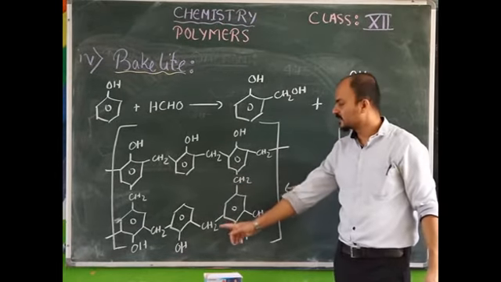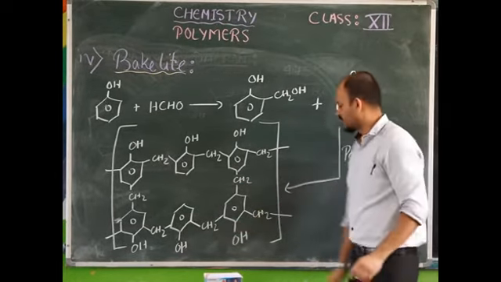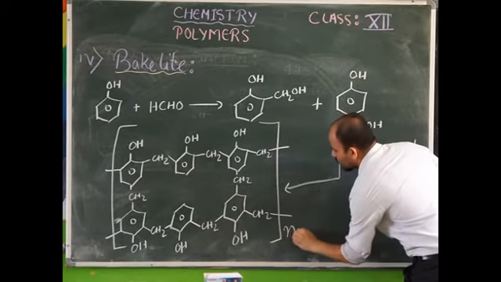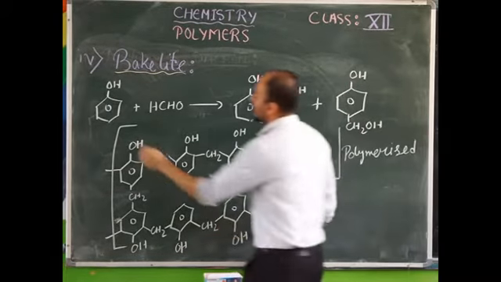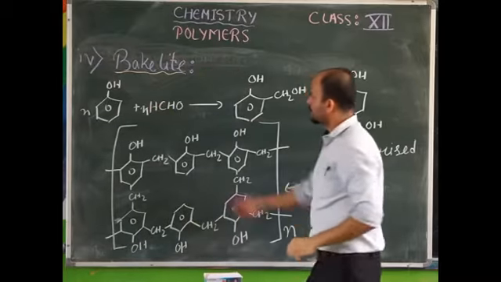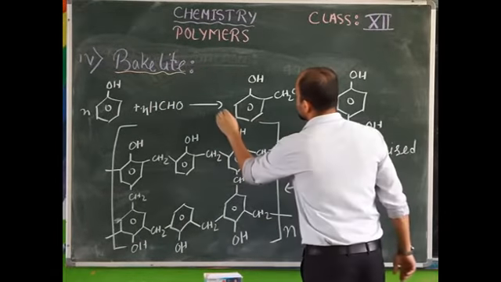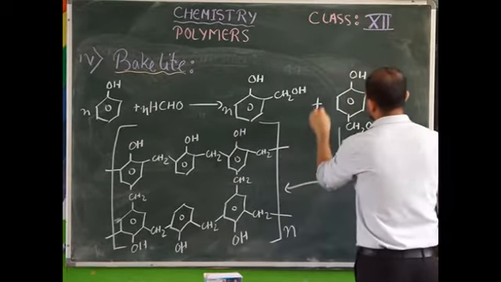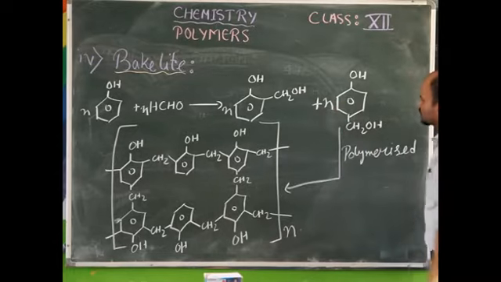And remember, this is a cross-linked Bakelite. Now here, n number of phenol and n number of formaldehyde were reacting to produce n molecules of ortho-substituted and para-substituted product.